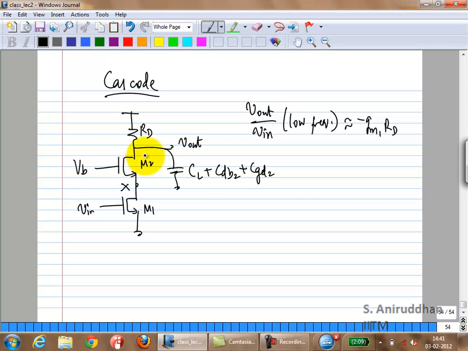So you have CGD2 plus CDB2 plus CL as the total capacitance at the output node. What is the output impedance? Approximately RD. So you're definitely going to have a pole at 1 over RD times (CL plus CGD plus CDB). Let's call this omega P2. Omega P1 is good enough. Is that clear to everyone? Okay.